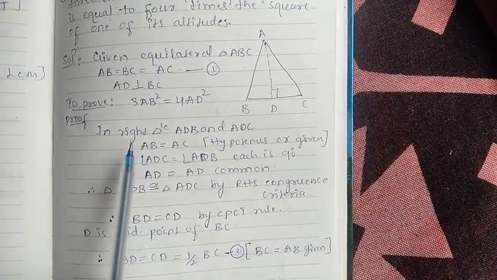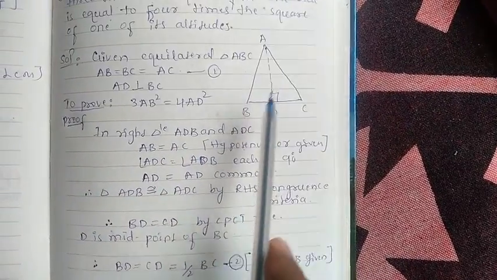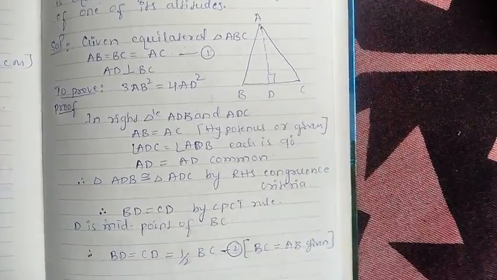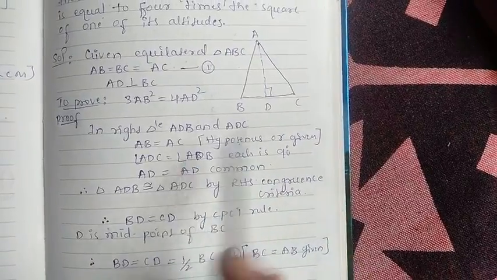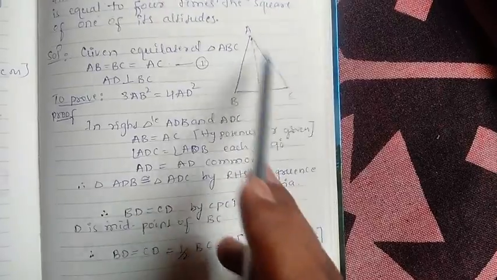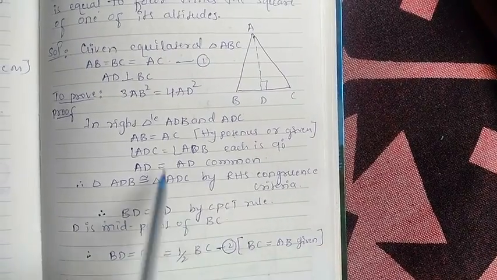Now see children, right angle triangle ADB and triangle ADC. First make both of them congruent. So in triangle ABD and triangle ADC, AB is equal to AC, they given, because it is an equilateral triangle, these are the hypotenuses.